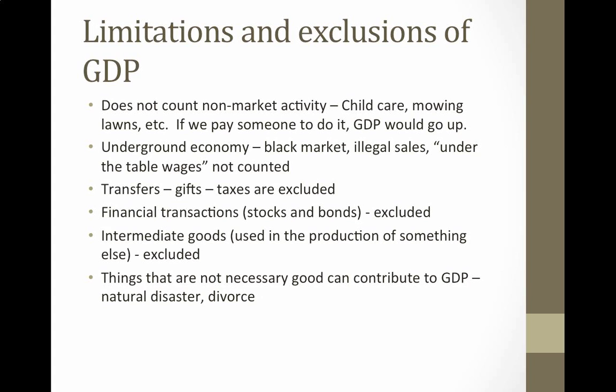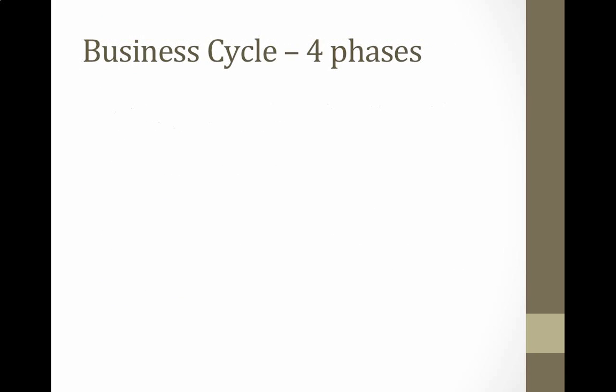And there are some things that are not necessarily good for our society, but actually contribute to GDP in a positive way. Natural disasters, not good for the country, but when everyone has to rebuild, it makes our economy grow. Divorce: you have families splitting up, but when you have someone having to purchase more stuff for another home, it actually increases gross domestic product.